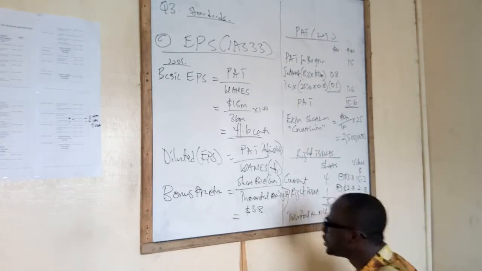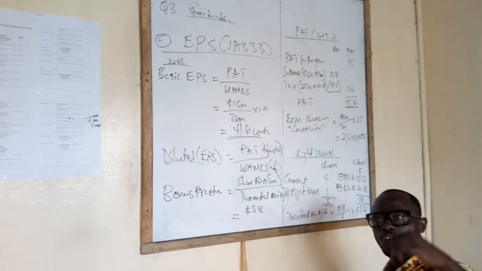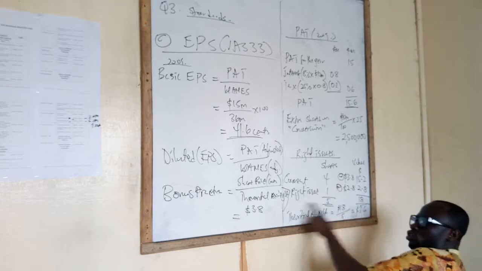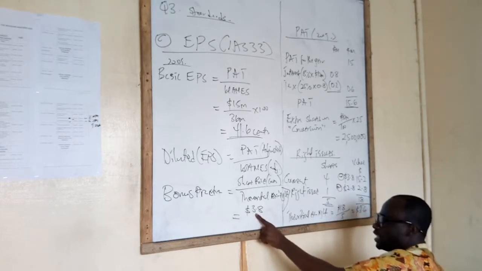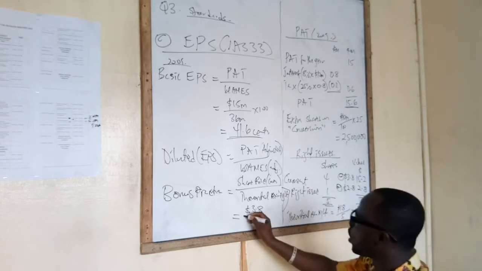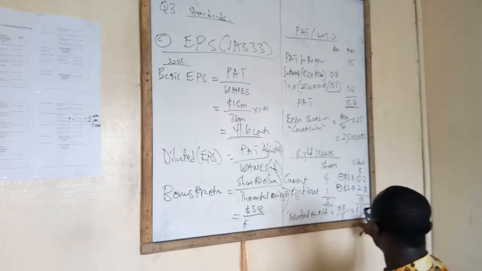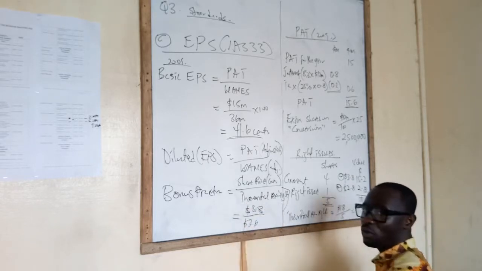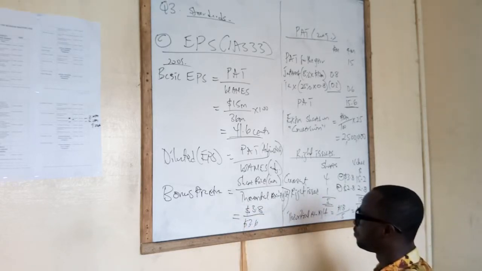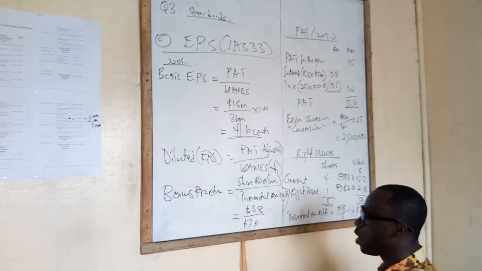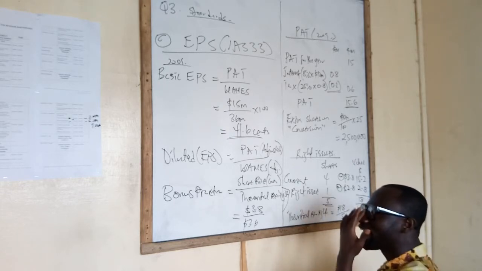There you go. So you see that when the company makes a right issue, the market value falls. Currently it is 3.8, but now the new market value is what? 3.6. So this is what gives us the bonus fraction. 3.8 divided by 3.6. Now, when you divide, what do you get? 1.05. So can we take it to 1.1?